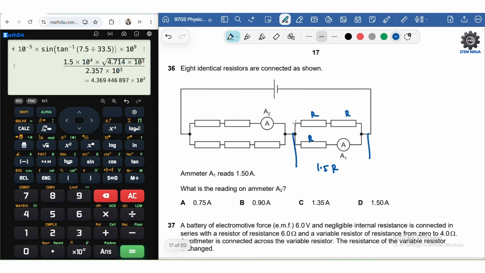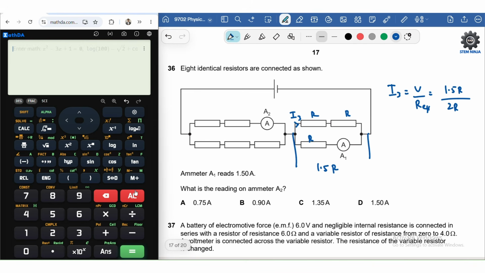So we can find out the current flowing through this also. Let's call it I3. So I3 would be V over the effective resistance in this particular branch. This is 1.5 R, because the potential difference across 2R would be the same, and this is your 2R. So you have 1.5 divided by 2, and R gets cancelled, so this is 0.75.